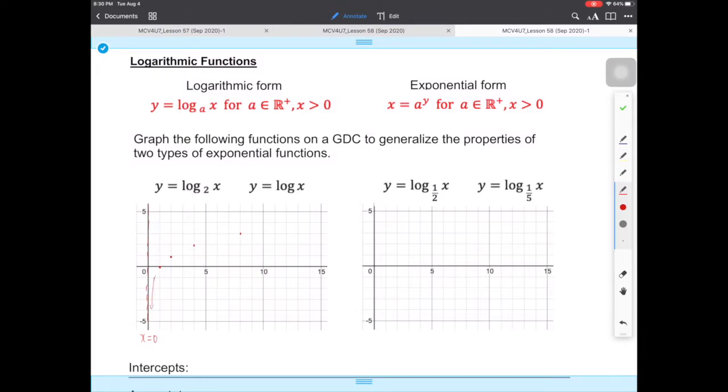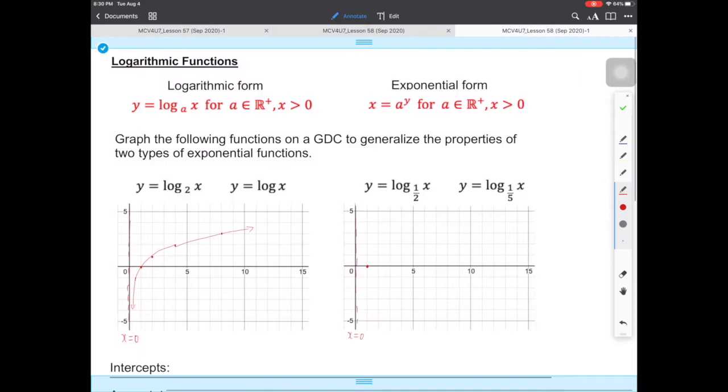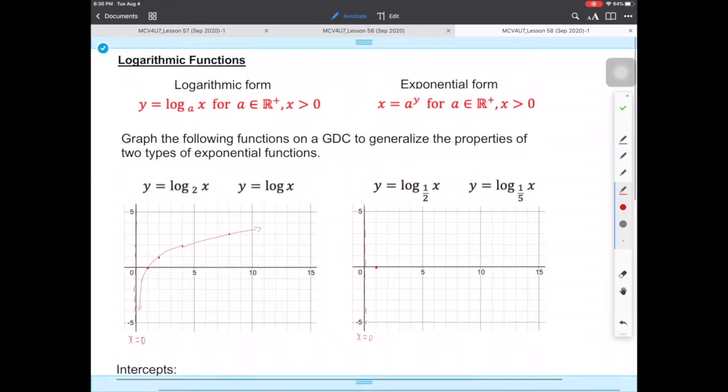So the function approaches the vertical asymptote on the left and continues to increase on the right. And then for the second set of graphs, we have a vertical asymptote along the y-axis, an x-intercept at 1, and then it's almost like the opposite. When I have 2, this is negative 1.